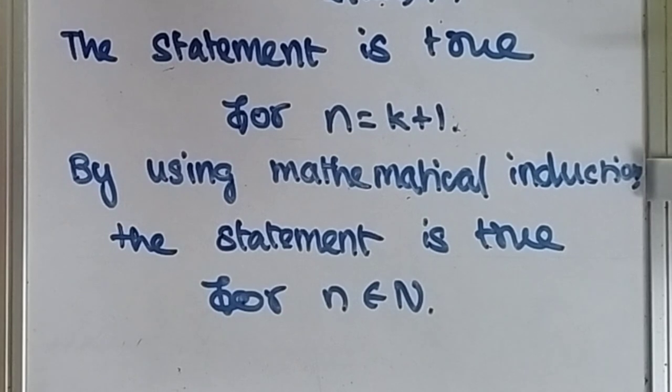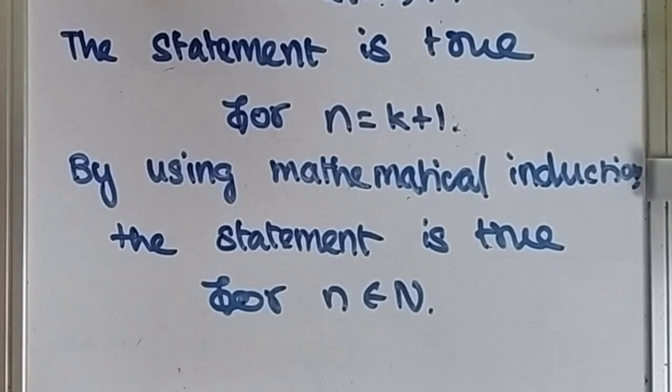And what we do next is we assume that this equation is true for n equals k. Then we check beyond that. We add the k plus 1th term on both sides. Remember, we are not adding k plus 1; we are adding the k plus 1th term on both sides.